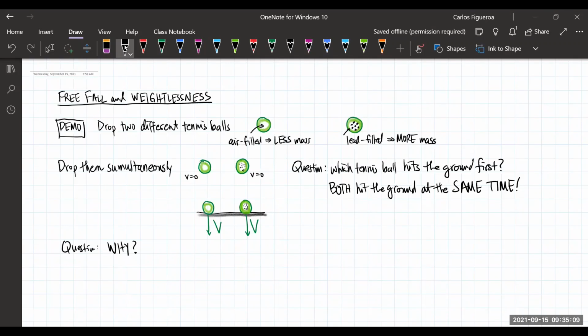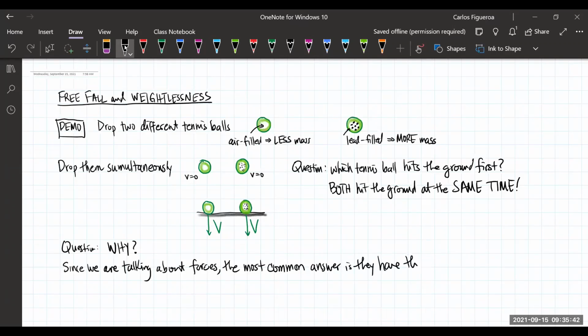Well, since we're talking about forces, the most common answer is as follows: they have the same force of gravity. And that's not correct.